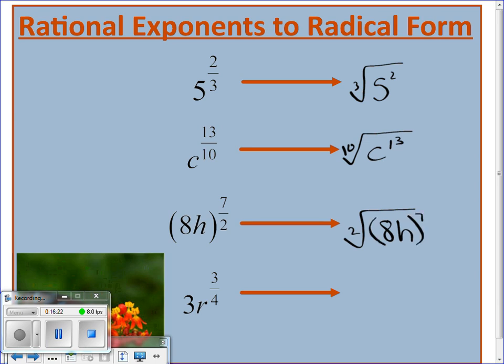If that's not in parentheses, it's going to be wrong, because otherwise that 7 would only go to the H and not also the 8. And then the bottom one, Peyton. Very nice. That 3 has an exponent of 1. It does not go under a radical.